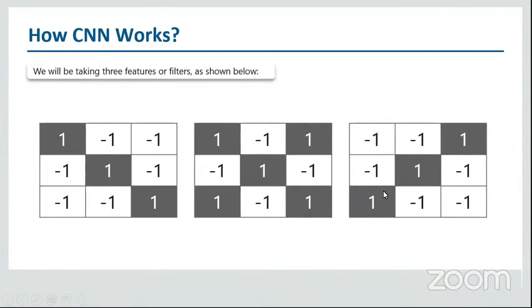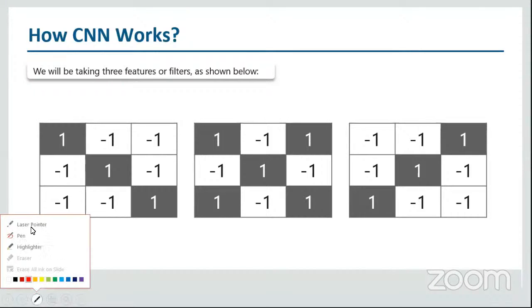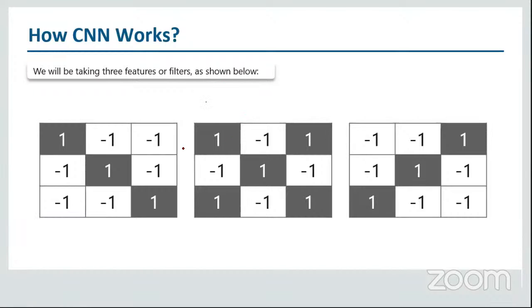Now, if you see this particular thing, this is 1, this is the second one, this is the center part. Whatever I mark, let me mark it so that we are talking about the same thing. Now, if I see this, it is 1, minus 1, 1.